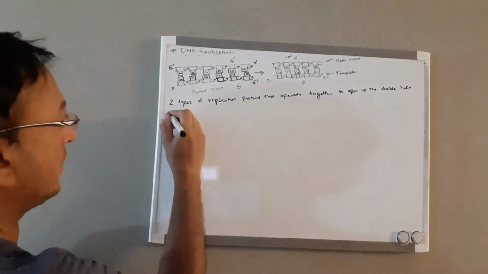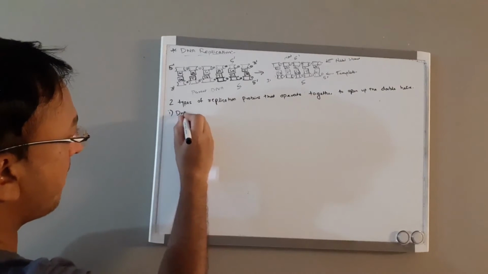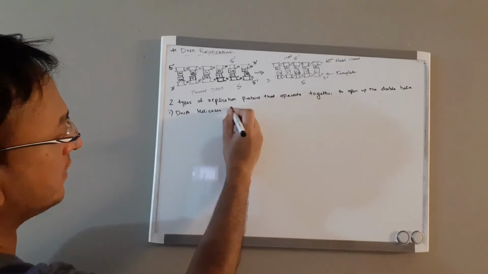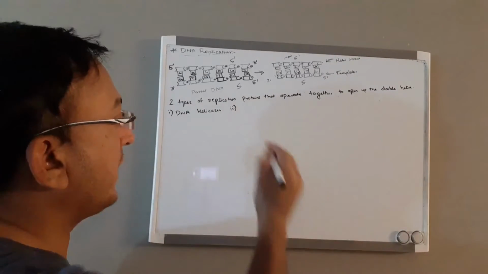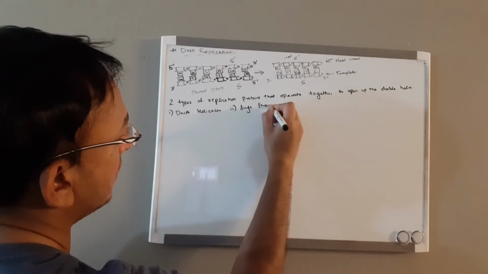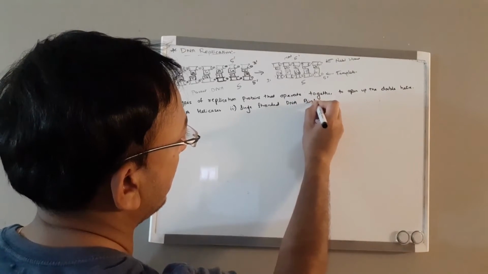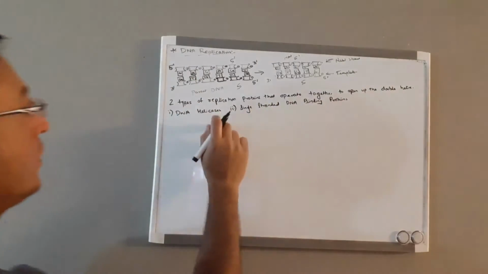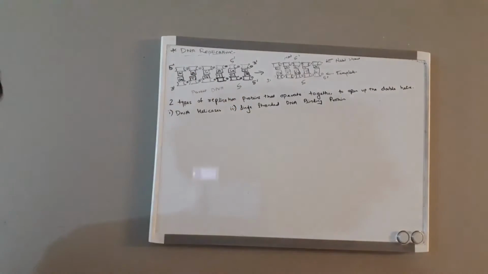Which are they? The first one is the DNA helicases, and the second one is the single stranded DNA binding protein. These two carry out the first task.